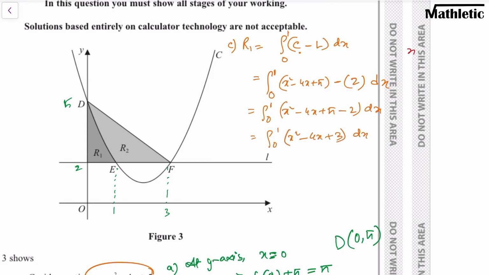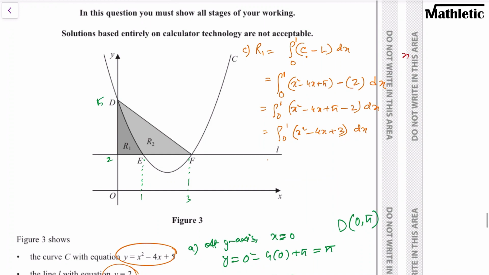Next, when you integrate this, you will get x cubed by 3, 4x square by 2, so eventually this will be minus 2x square plus 3x. Since I'm done integrating, I will be using the square bracket indicating the limits. Next, you just substitute the value of x, the limits.